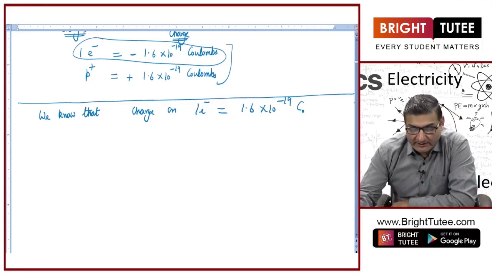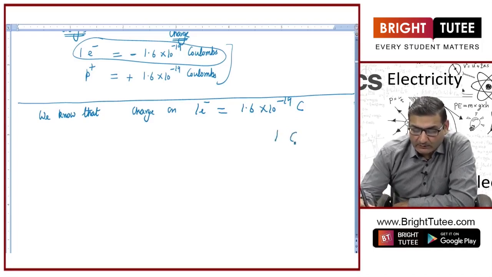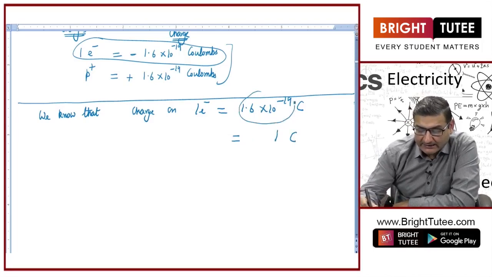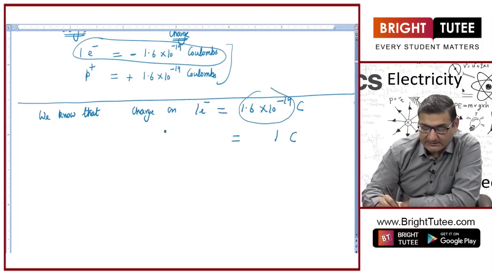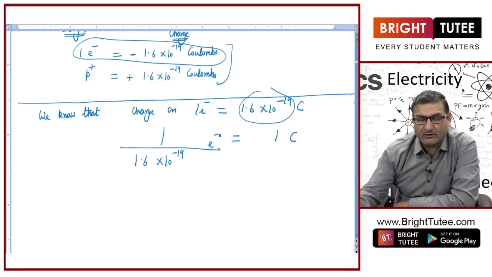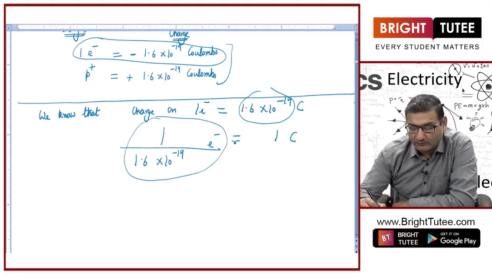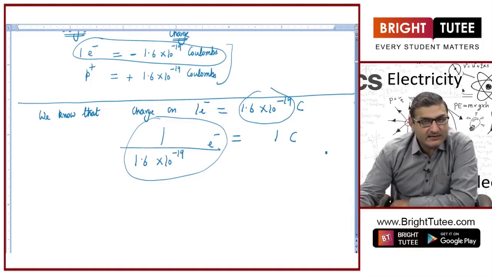So, if one electron has this much charge, then for getting 1 Coulomb of charge, how many electrons will I require? I will take this value to the opposite side, dividing it, I will get 1 upon 1.6 into 10 to the power minus 19 electrons. This number of electrons will be equal to 1 coulomb of charge.